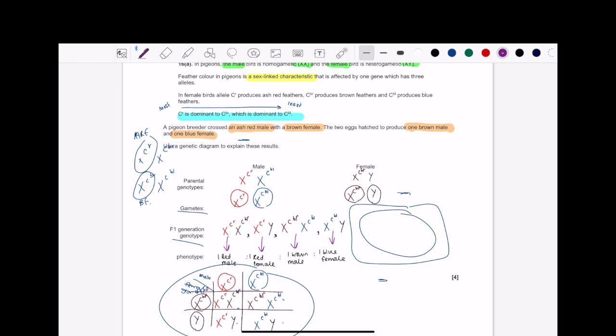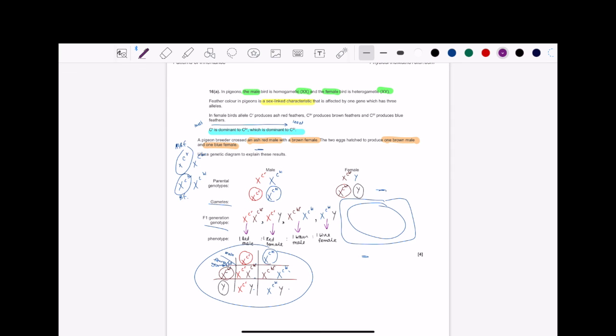I'm aware that I've spoken quite fast, but it's the same thing all over again when it comes to questions like this, and it pretty much comes up every year on the A-level paper. I would strongly recommend lots of practice, because there are many different varieties of how this question can come up.